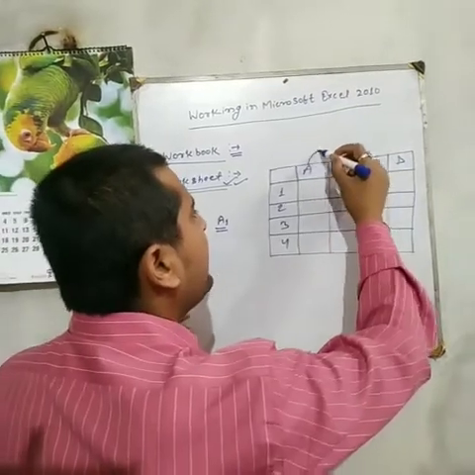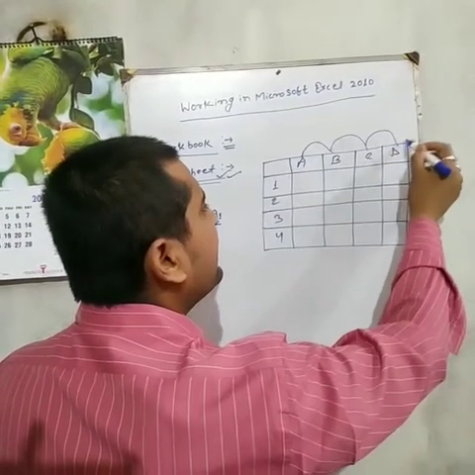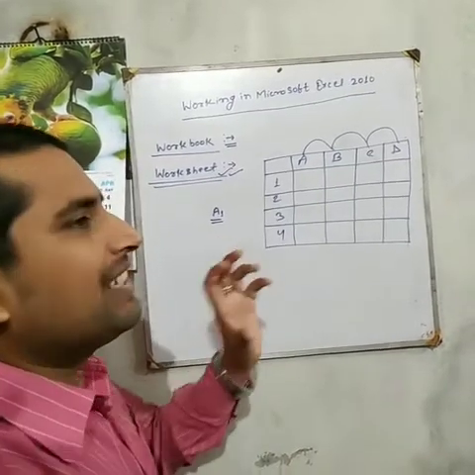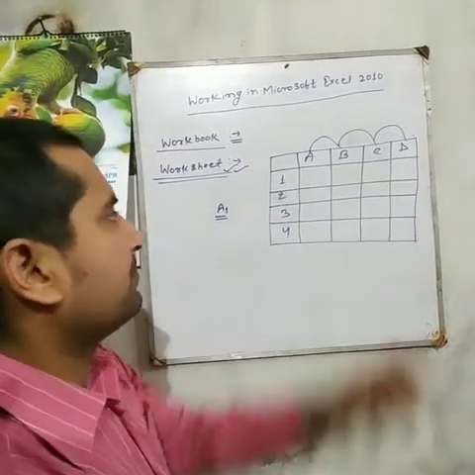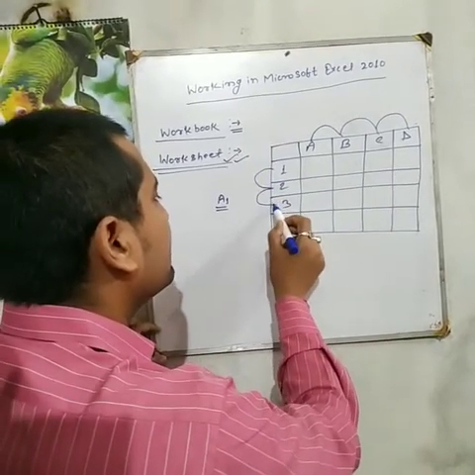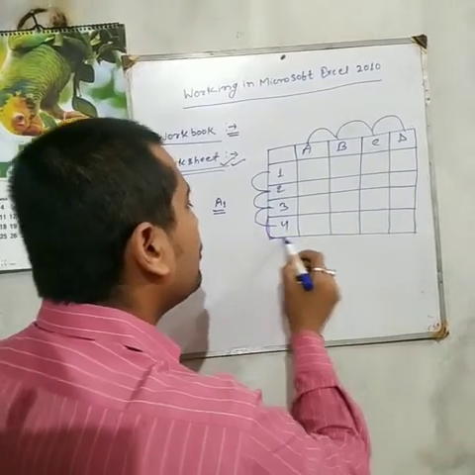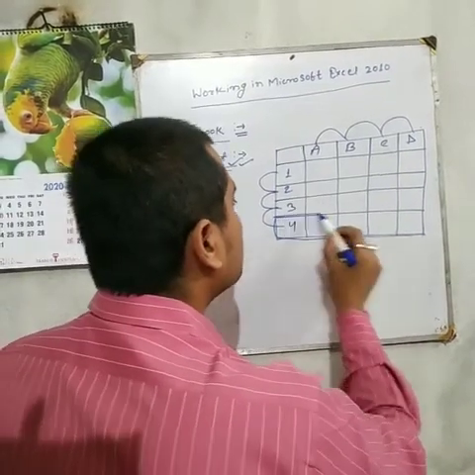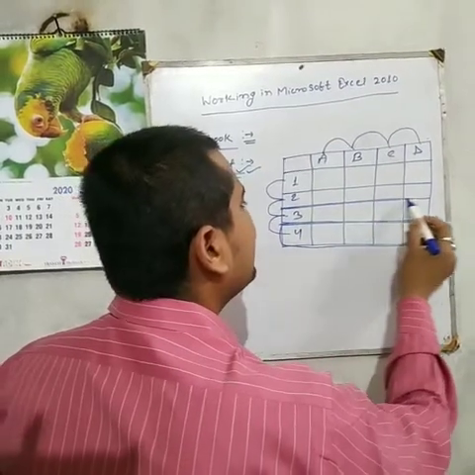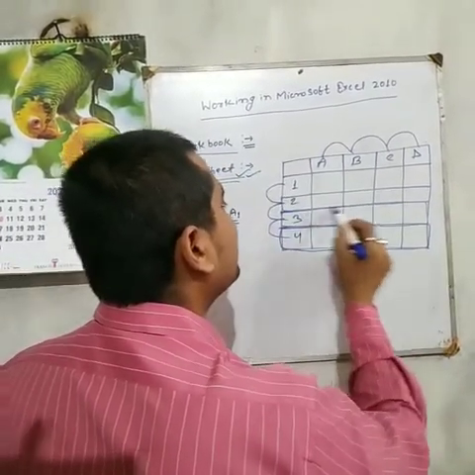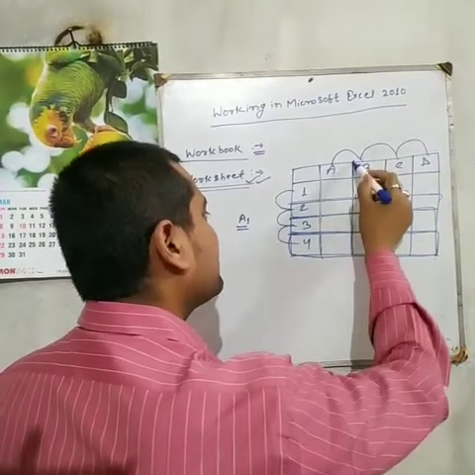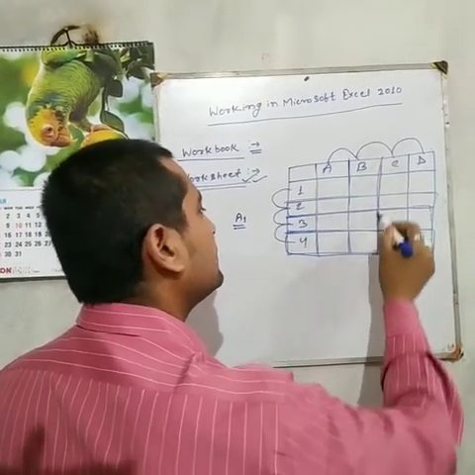A, B, C, D, etc. are called field names. That is the column. 1, 2, 3, 4, that is the row. That is the row, and this one is called the column.